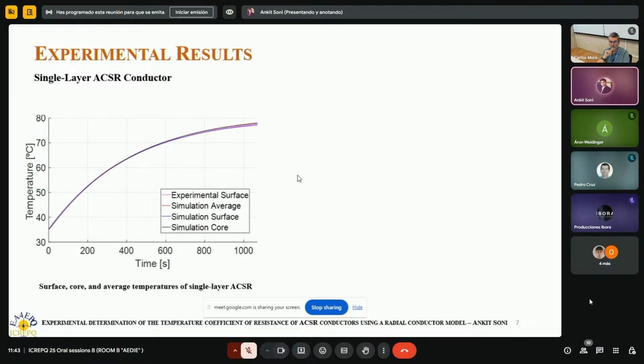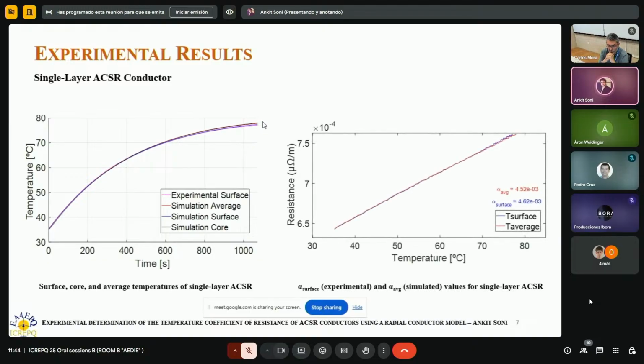After running the models, we can see here in the single layer conductor the experimental surface temperature, whereas the simulated core temperature that we got through the model differs by around 1 to 2 degrees. Between the simulated average temperature of the conductor and the surface temperature, it's around 1 to 1.5 degrees centigrade of difference.